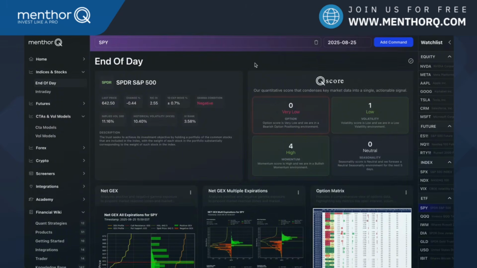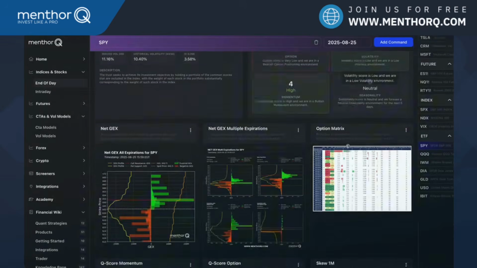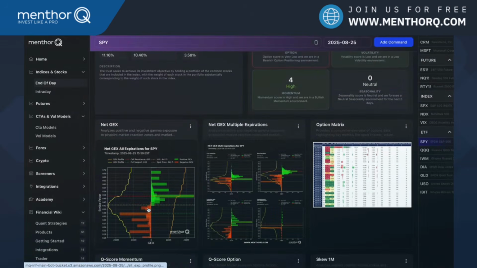The option chains of the three assets are completely different, and understanding how they play out and interact with each other is very, very important. So if we look at the picture now, on SPY we are in a negative gamma condition. We have a very low option score, still very low volatility, but there is a lot more negative gamma coming into SPY.